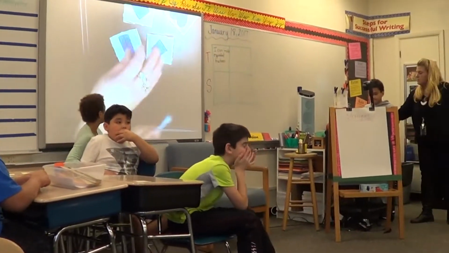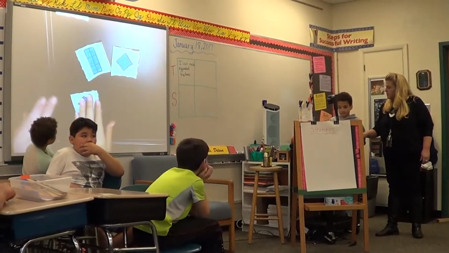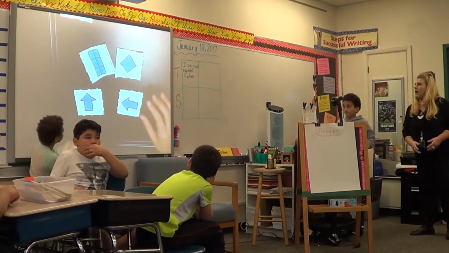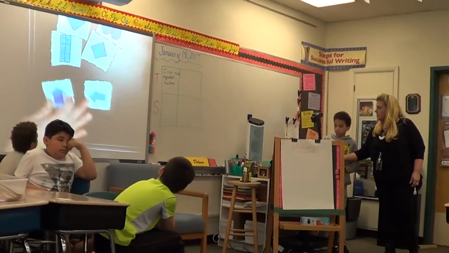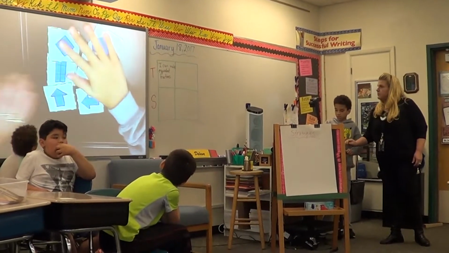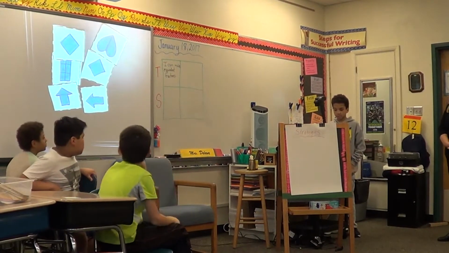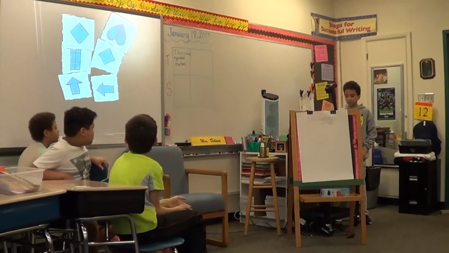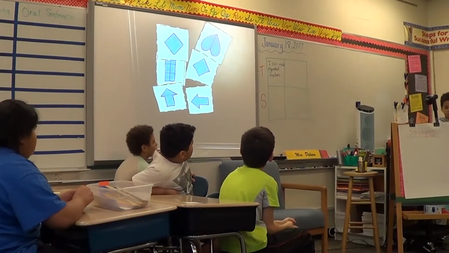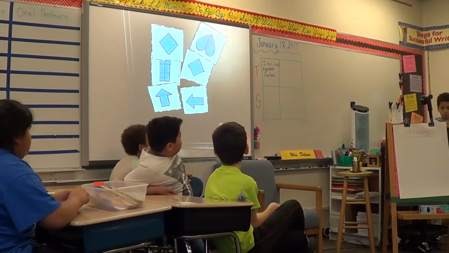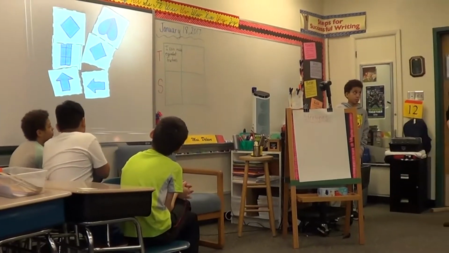This way so we can see anything in front of it. There you go. Okay, so why are these all in this category? How did you decide? Well, my group decided this because they're fully colored in.